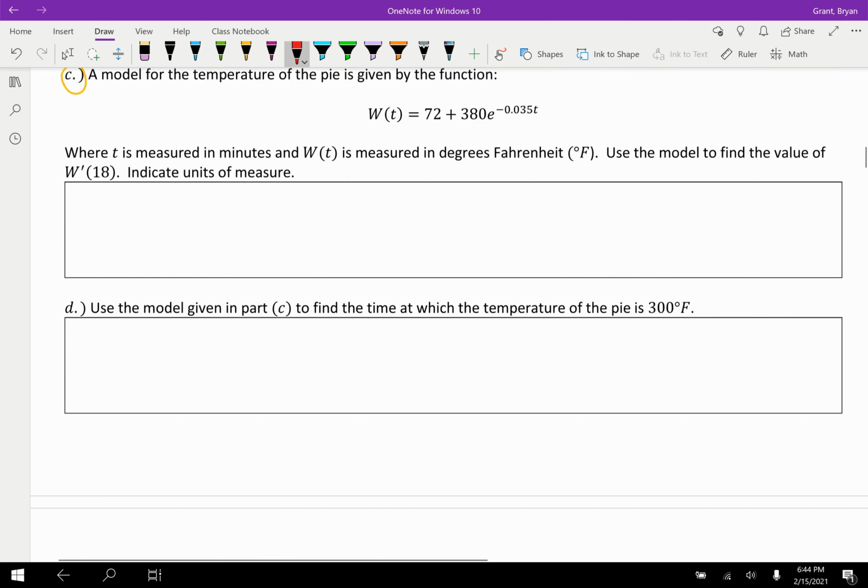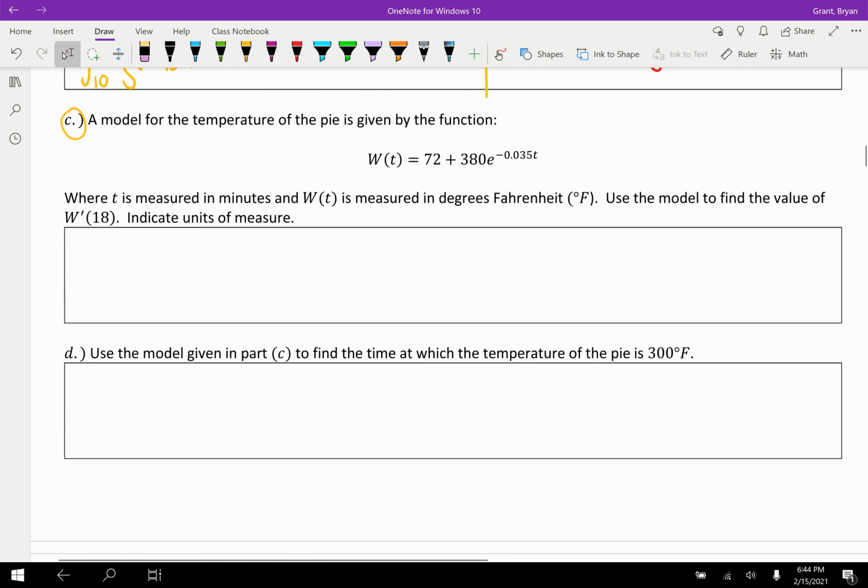Nifty. Last but not least, use the model given in Part C. So Part C says, cool, you looked at a table, now you're looking at an equation to find the time at which the temperature of the pizza pie, and I know it's pie, but I'm going pizza because that's what I have for dinner, is 300 degrees Fahrenheit.